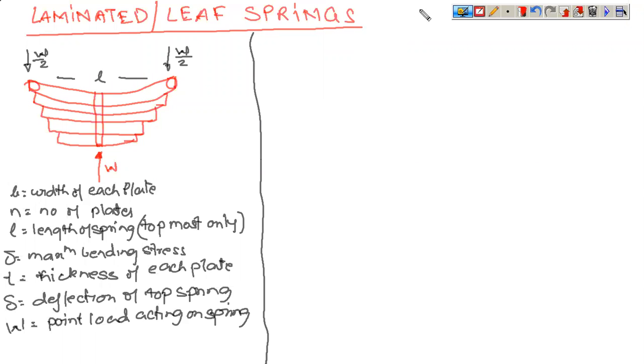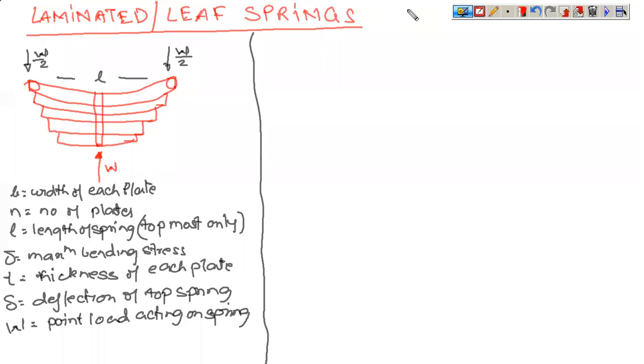Fully elliptic leaf springs are not generally used in practice because you don't have any evidence of a system where the load can be applied both from the upper end and from the down end. So these types of situations generally don't occur.